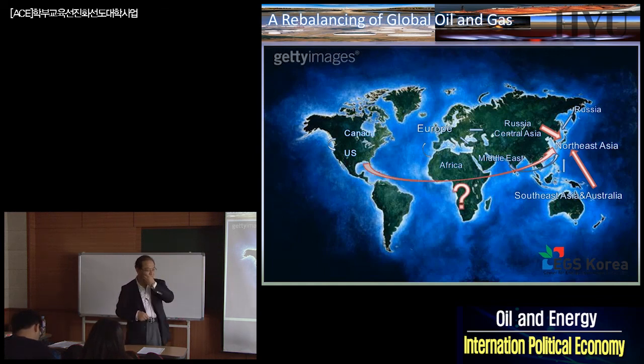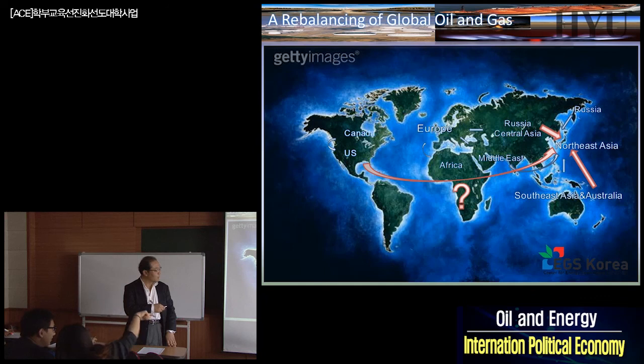US exports. This is the most important flow. When is the US going to export? How much? For what price? Right? Then you have to look at it compared to Russian exports. So particularly after the Ukrainian crisis, two contending flows are US exports and Russian exports.